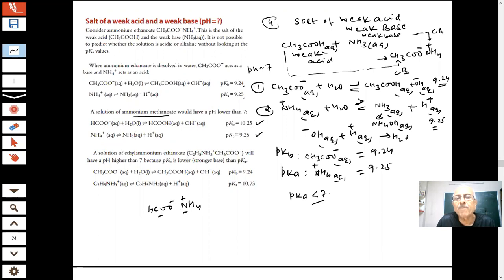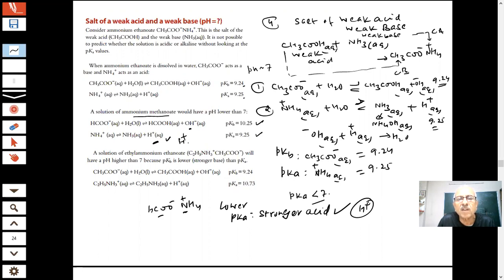The lower the pKa, the stronger the acid. You know, lower pKa, stronger the acid, that means more H plus. Out of these two, this is 10.25, this is 9.25, that means this is more than this.